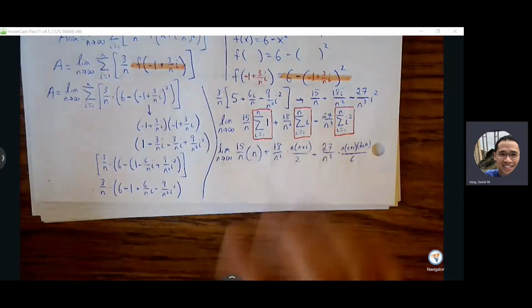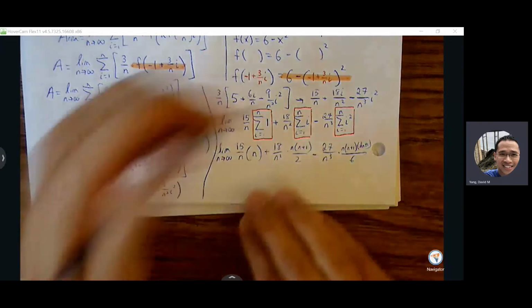Multiply each out, and we only care about the highest degree, right? With infinity, we only care about the highest degree.